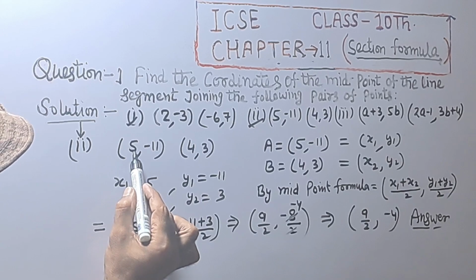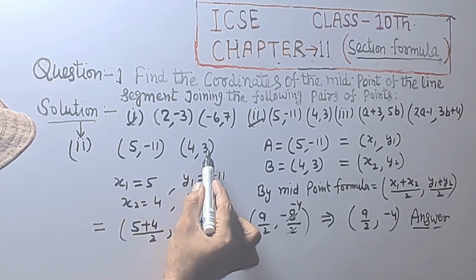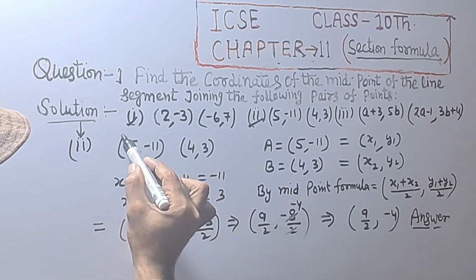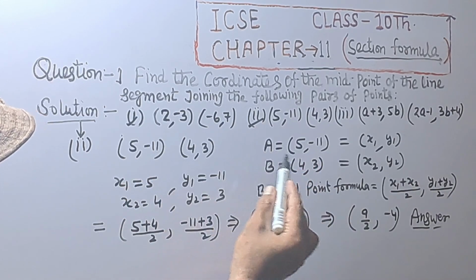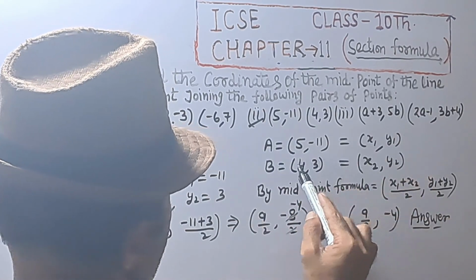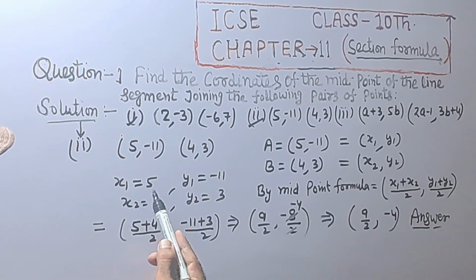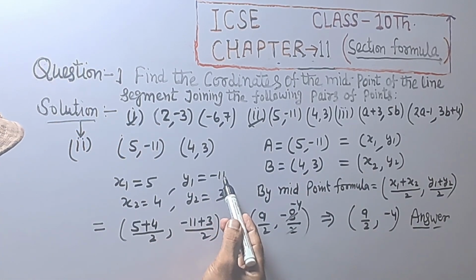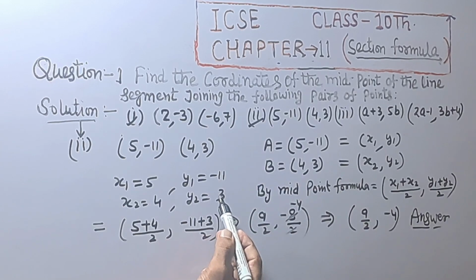Given points 5, comma minus 11 and 4, comma 3. Let A is equal to 5, comma minus 11, B is equal to 4, comma 3. That is x1, comma y1 and x2, comma y2. X1 is equal to 5 and y1 is equal to minus 11. X2 is equal to 4 and y2 is equal to 3.